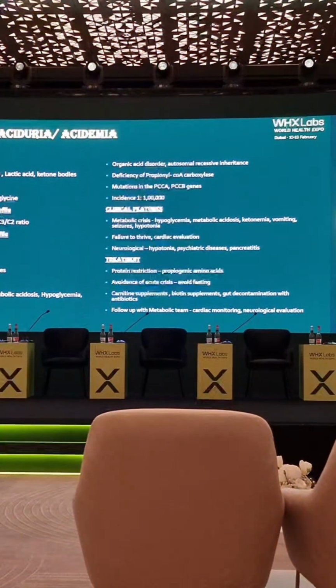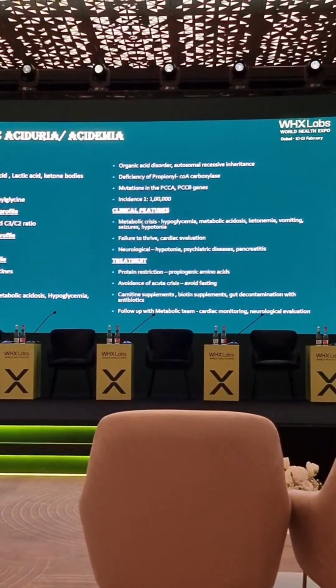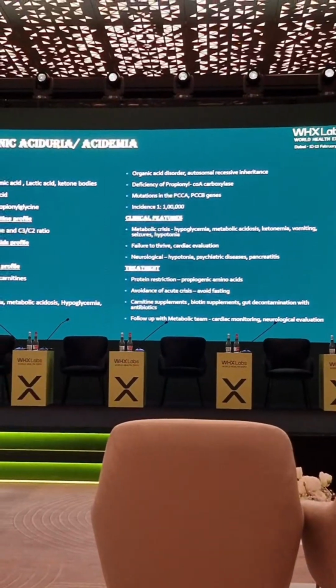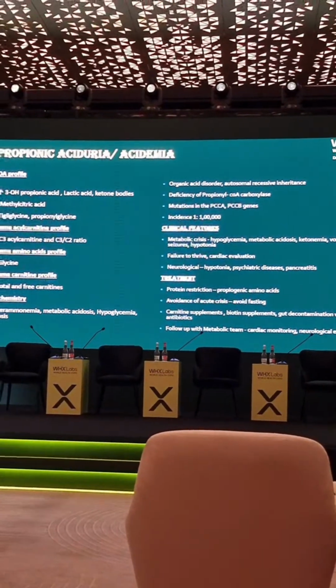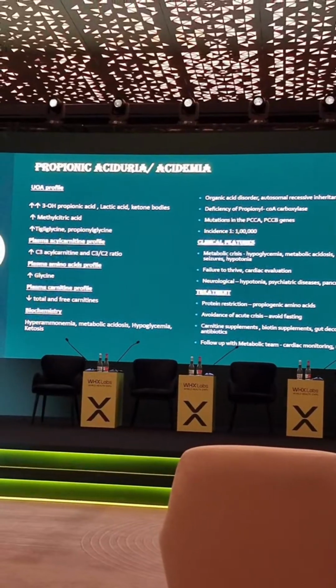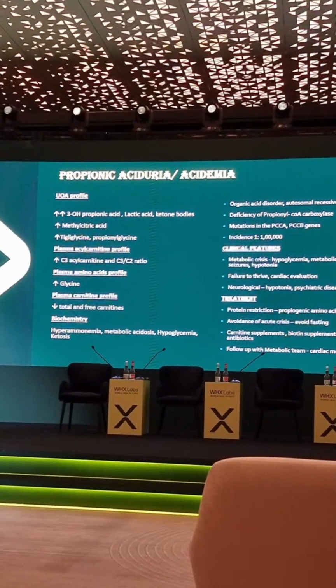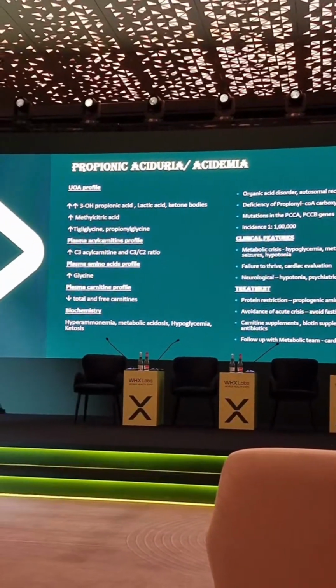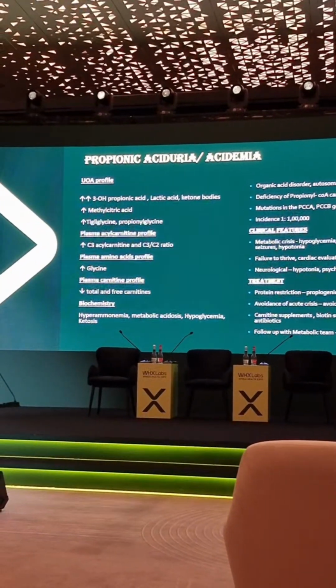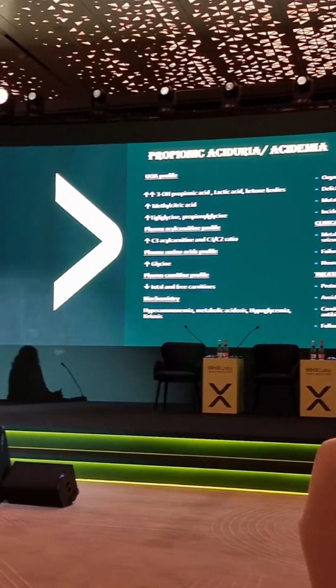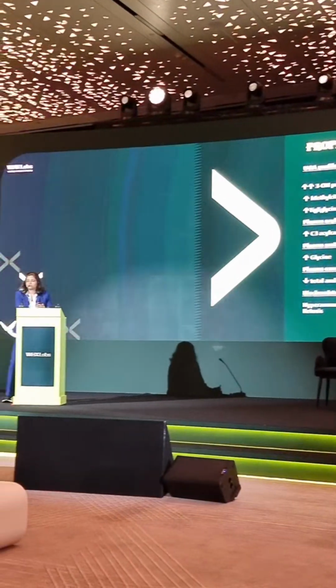The plasma acylcarnitine pattern is also very similar, raised C3, C3/C2, and plasma amino acids are also very similar. So the most important test which helps the diagnosis is the urine organic acid profile, followed by, of course, confirmation with molecular testing. The treatment is mainly restriction of propiogenic amino acids, very similar to methylmalonic acidemia, but the kind of protein restriction is a little bit different.